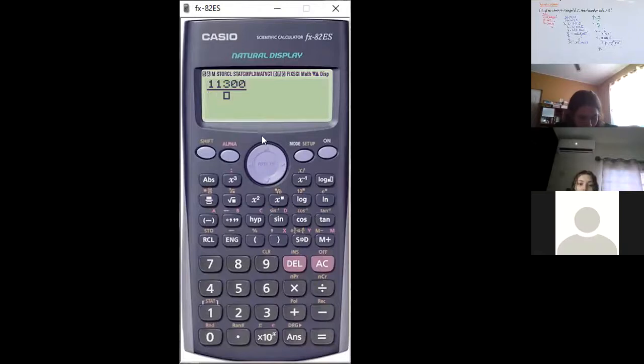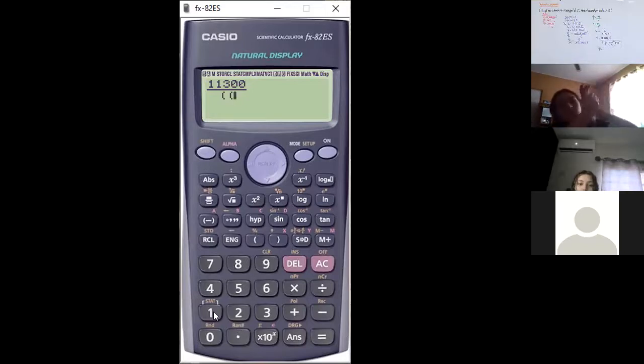Push the downward button in this pad, just like a Nintendo Switch control pad, and we're going to open parentheses twice. The first one because we want to protect what we have to do in the denominator, and the second one will protect the result that we're going to get.